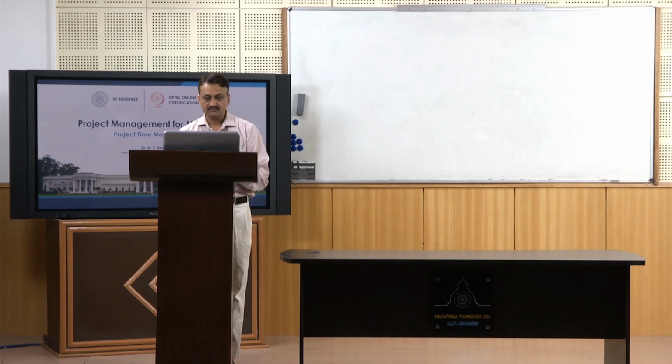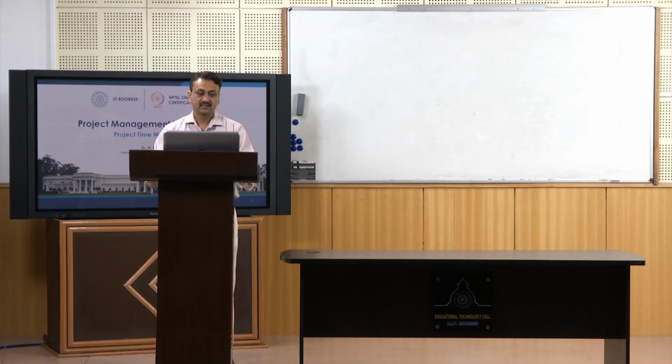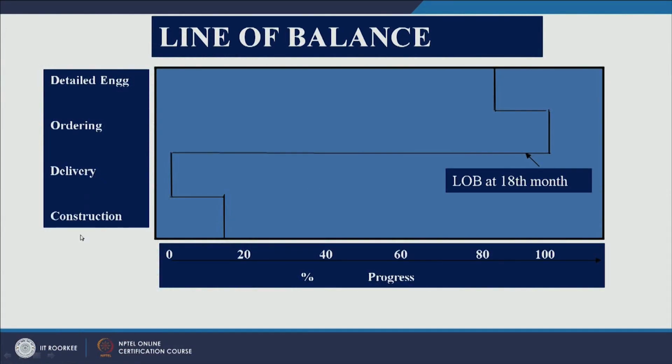Again let us say there are 4 activities: detailed engineering, ordering, delivering and construction. And this is nothing but progress of these activities on the horizontal axis.